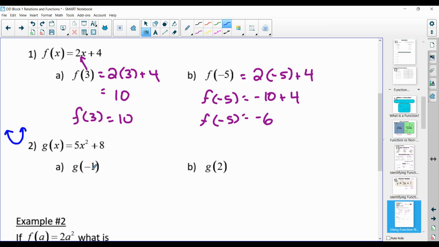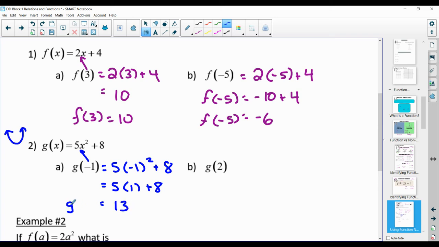So if we substitute in g of negative 1, that negative 1 is going to go in for the x. And this is where brackets are extremely important. Anytime you're dealing with negatives, those brackets will make a difference. So it's important that you get in the habit of always using brackets when you're substituting. So 5 bracket negative 1 squared plus 8. If we didn't use those brackets, we'd miss squaring the negative. And so we have 5 times 1 plus 8 equals 5 plus 8 is 13.